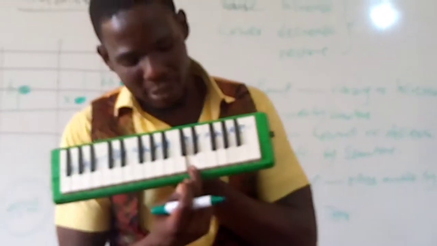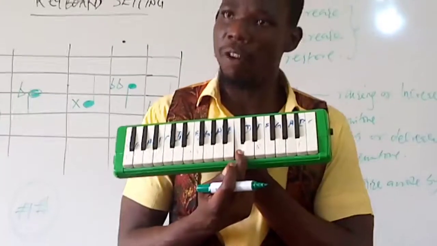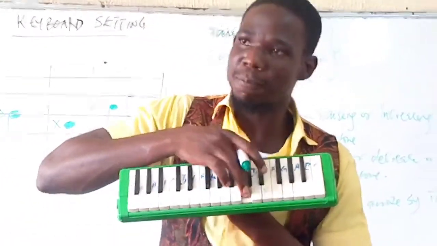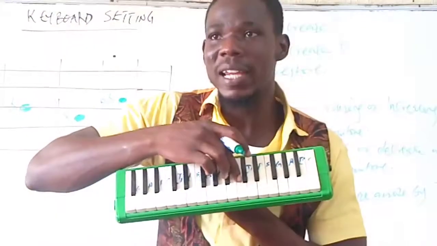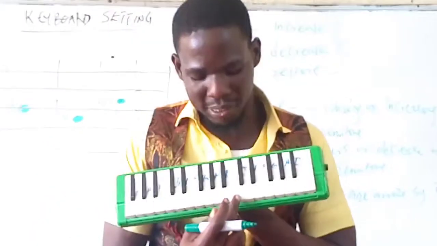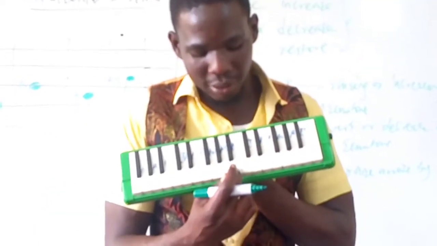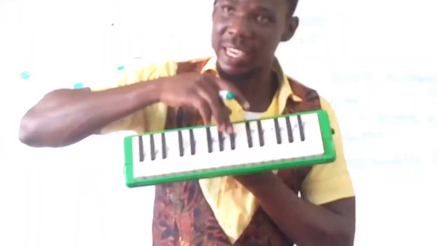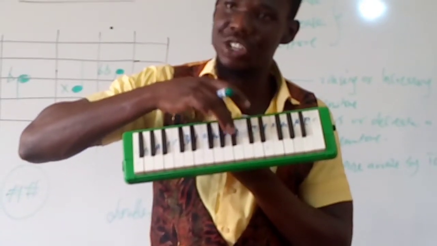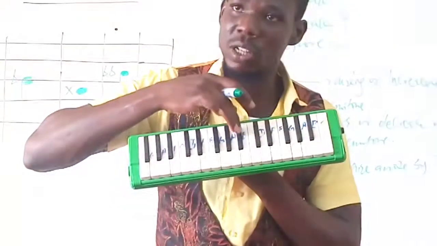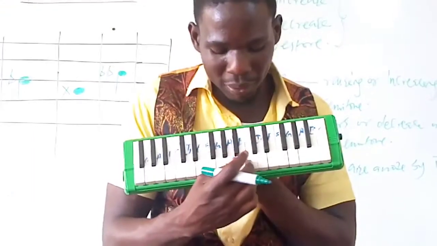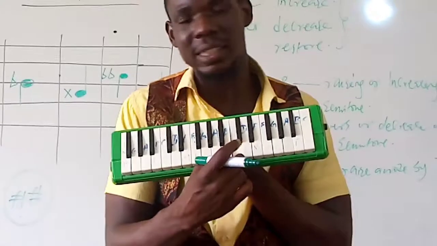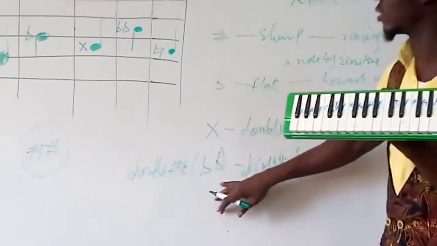If the double flat is placed on C, because I've used C before for the double sharp, it means don't play C. That means you should play a tone backwards from C. The note closer to C is B, and before B we have a note here, and this is A sharp. So you're not to play C, but you're to play A sharp, if the double flat is placed on C.